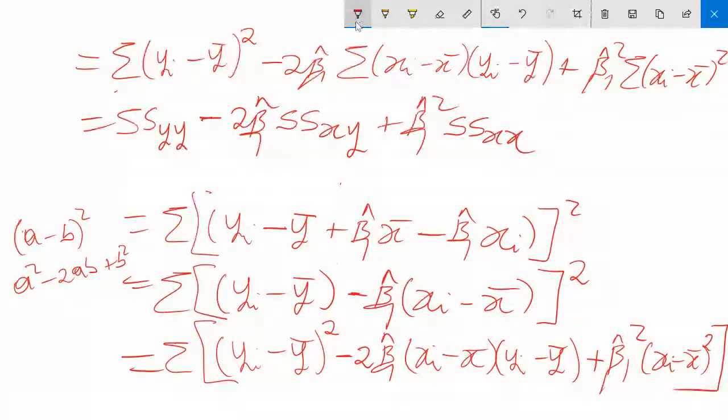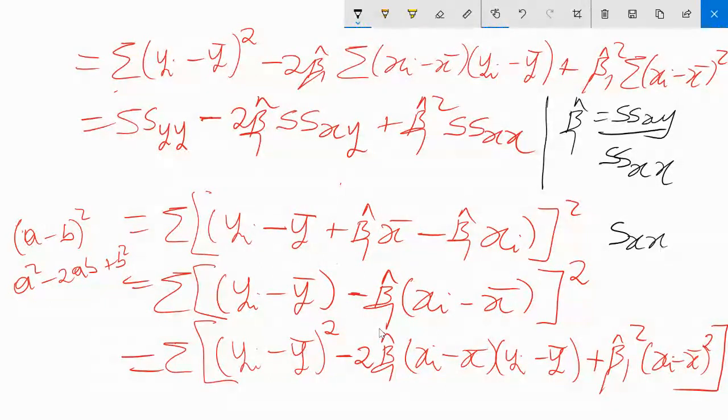And we know from the previous formula that beta 1 hat is equal to SSXY over SSXX, which means SSXX is nothing but SSXY divided by beta 1 hat. If you make this the subject of the formula here, you will have this.